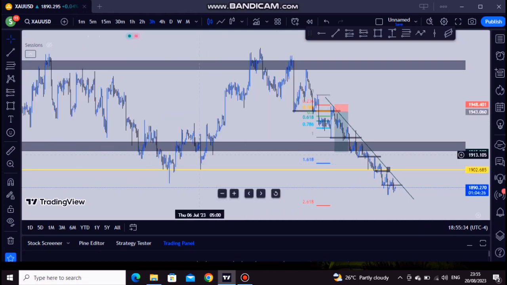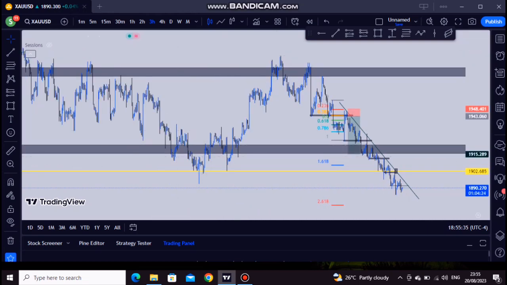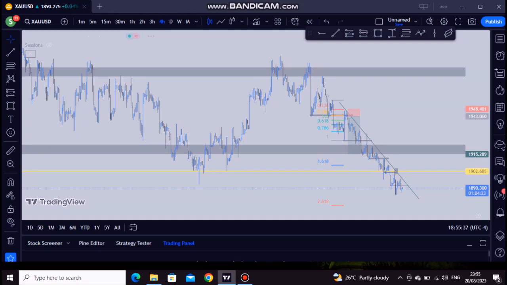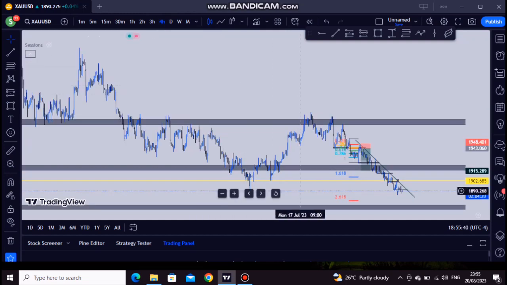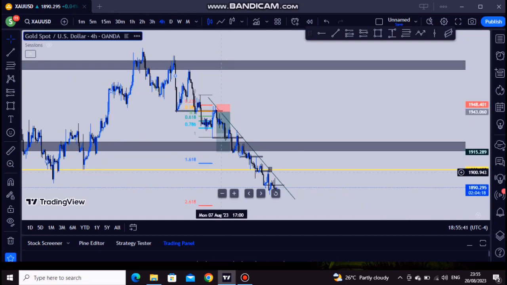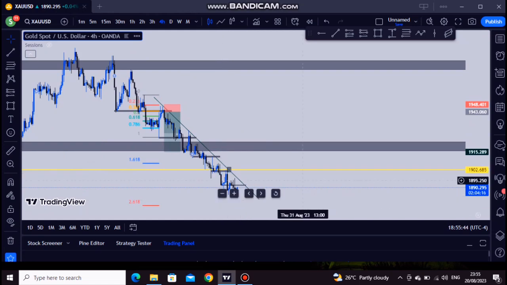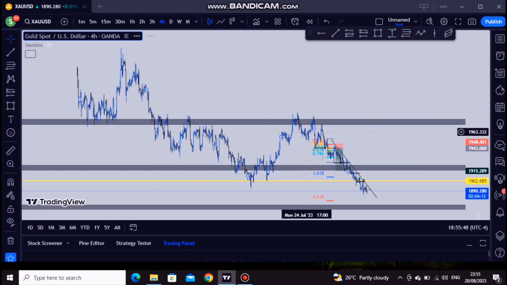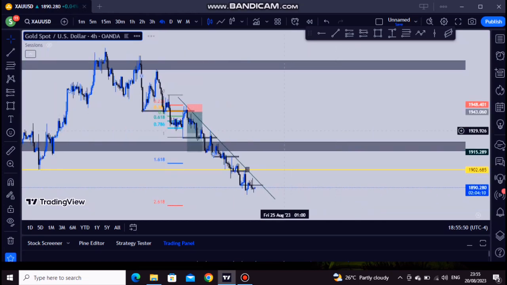Where is that? 4 hours, let's see. Yeah, this is the support level. Let's go get this level, alright? Then you start looking for buys, but before you look for a buy, you wait for a break of structure on the 4 hours.